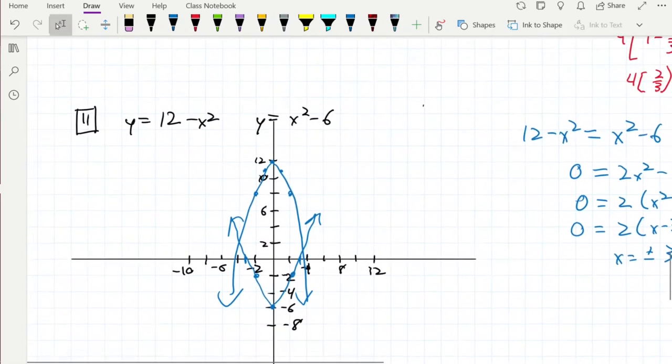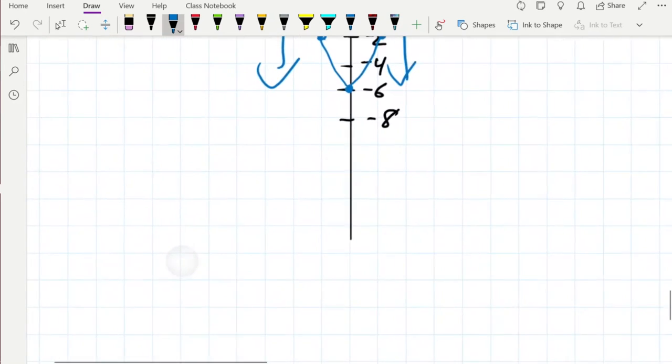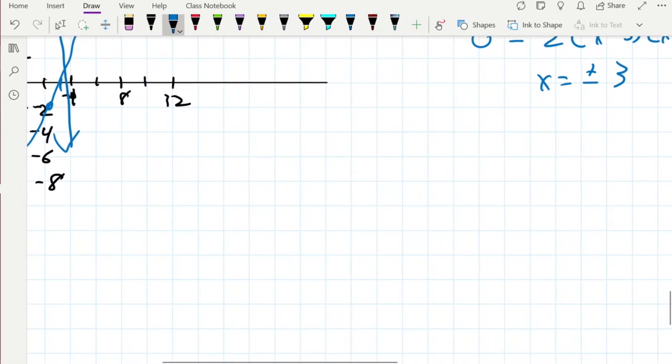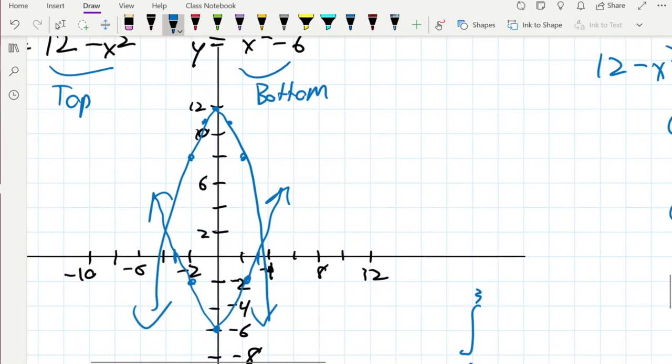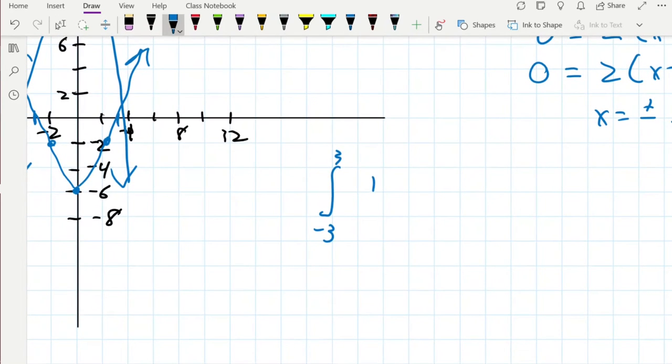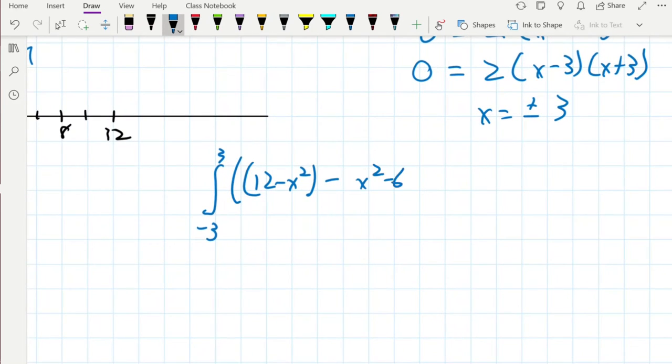So now we are going to set this equal to the top and this one right here to the bottom. So we're going to take the integral from negative 3 to 3 of 12 minus x squared minus x squared minus 6 dx.